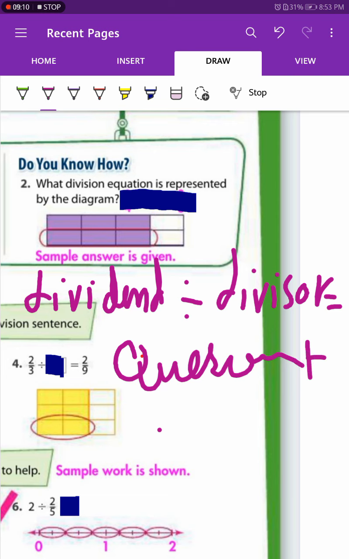The first number is the dividend, and I know the dividend is a fraction because the model is squares. Remember that. And how do I get it? I just mark 1.